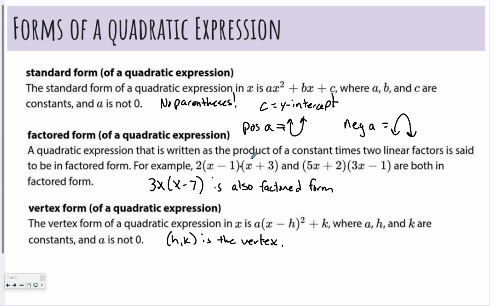But be careful here. One big piece here is notice that the h and the k are opposite sign. And so what's happening here is if I need to take an equation and pull the vertex from it, h will flip its sign, much like we did with factored form.